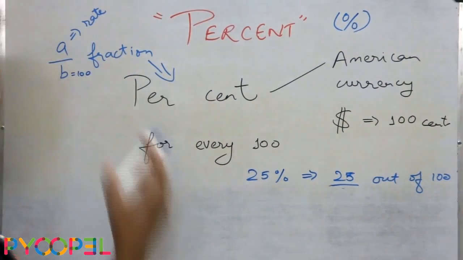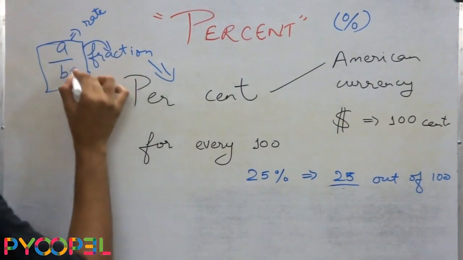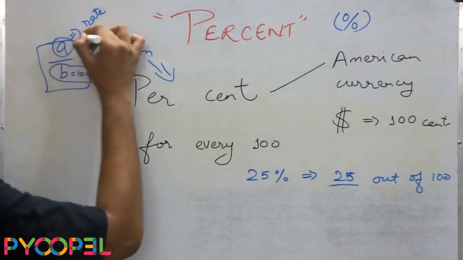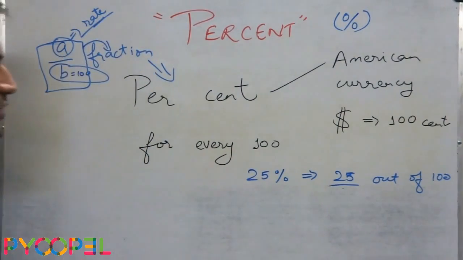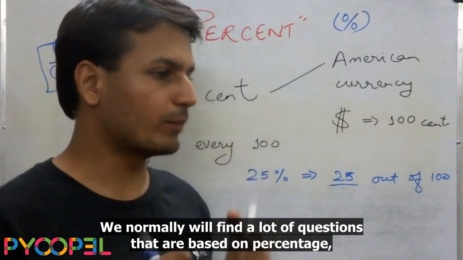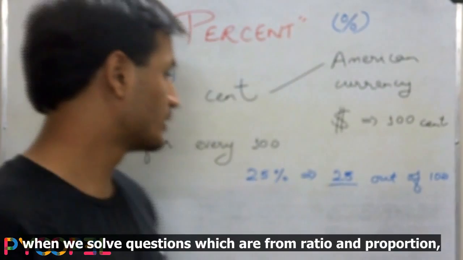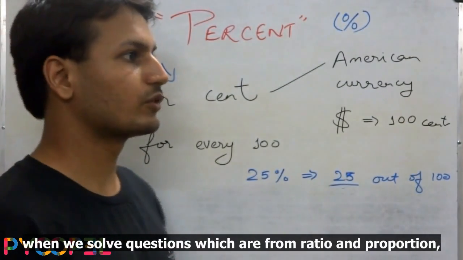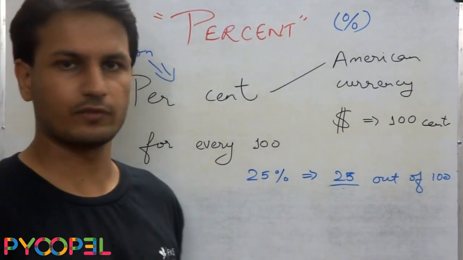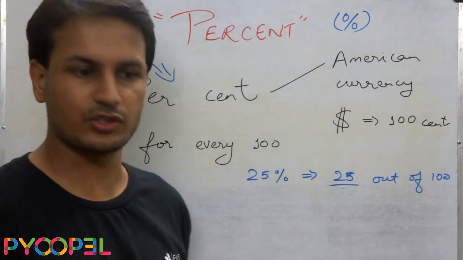So, this A by B being the fraction, this being 100, this being the rate of percentage. We normally will find a lot of questions that are based on percentage, when we solve questions which are from ratio and proportion, from profit and loss, and basically business based questions.